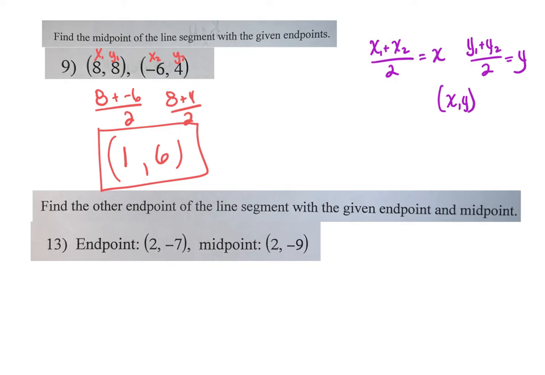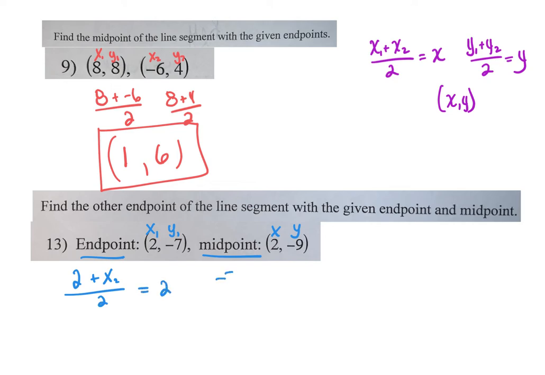That's easy. Then in the second one, you're doing really the same thing, except they gave you the endpoint and the midpoint. So this is my x1, y1, but this is the x, y of my midpoint. So I have 2 plus some x2 value that I don't know, over 2, equals my x value.